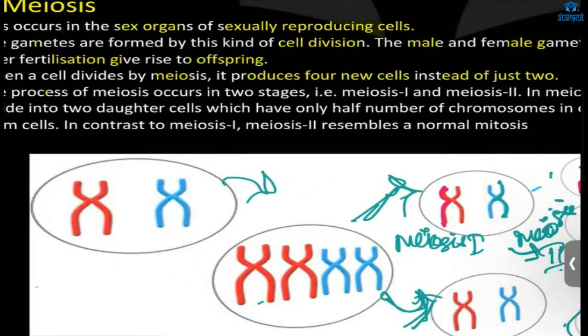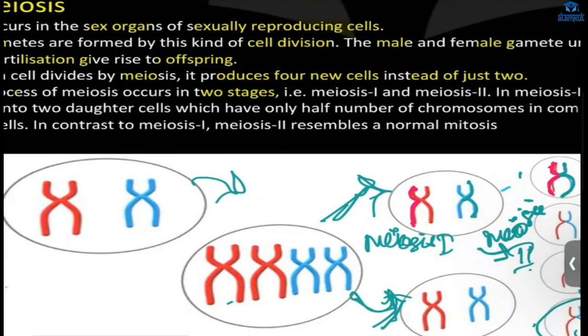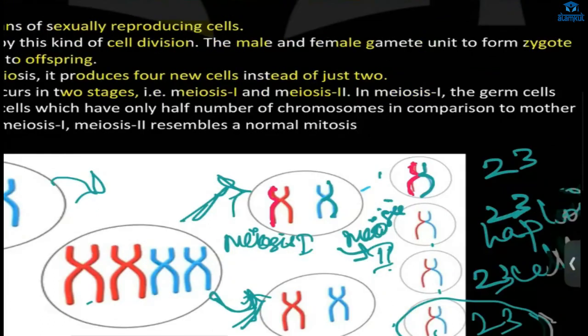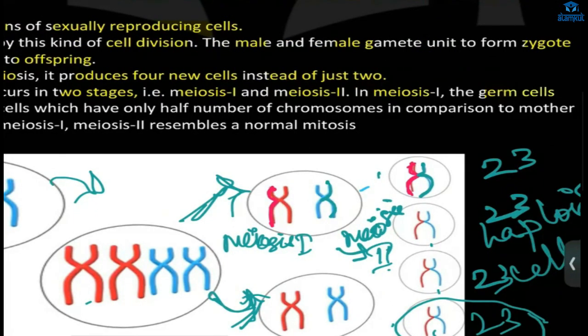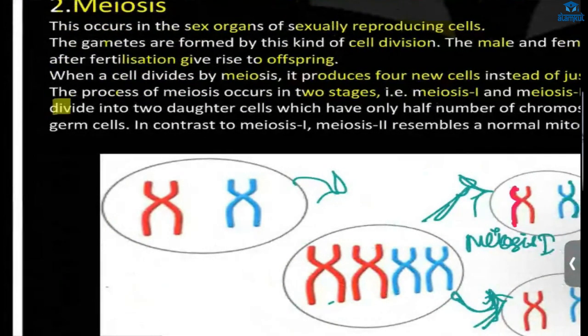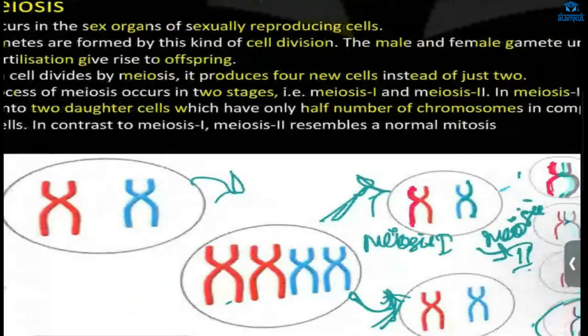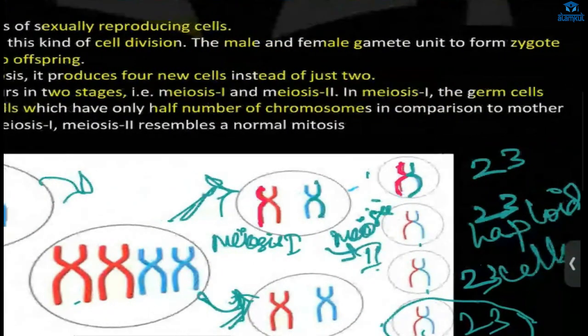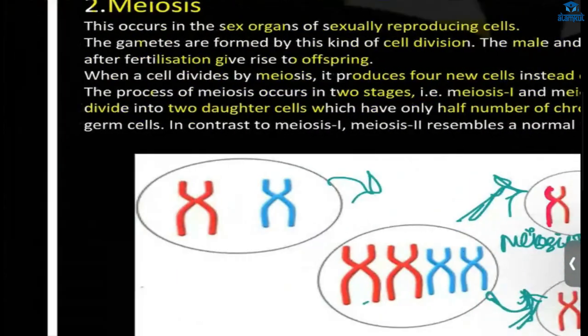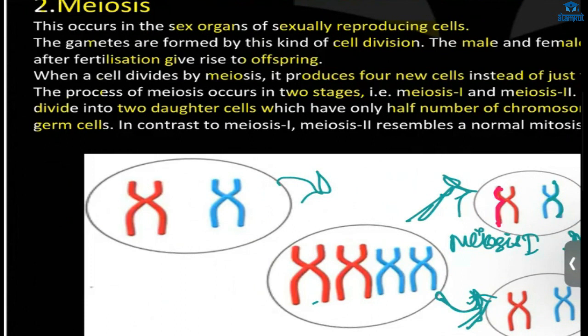The process of meiosis occurs in two steps: meiosis one and meiosis two. In meiosis one, the germ cells divide to form two daughter cells, which will only have half the number of chromosomes compared to the other germ cells. Germ cells mean gametic cells, not somatic cells.